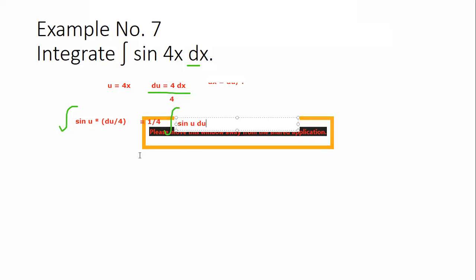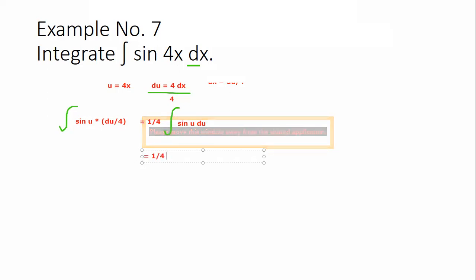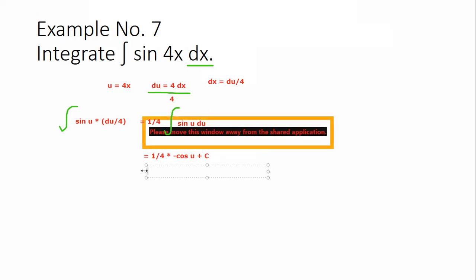The integral of sine u is negative cosine of u. We need to put the negative sign on the leftmost part of the equation, so this will be negative 1/4 times cosine of u.